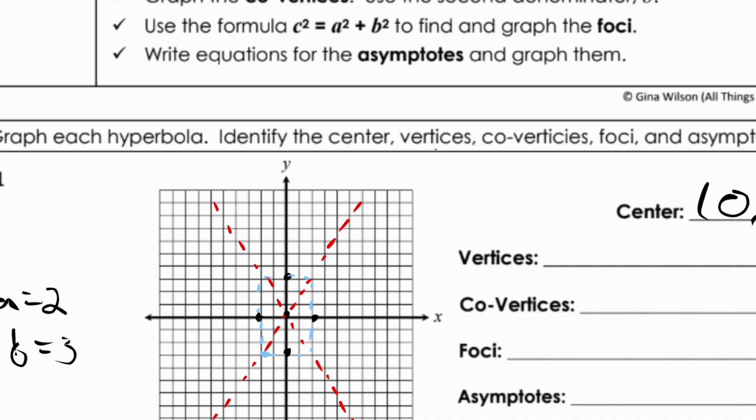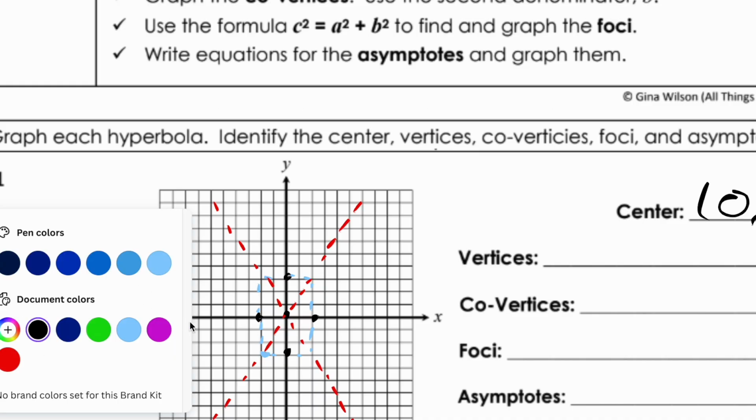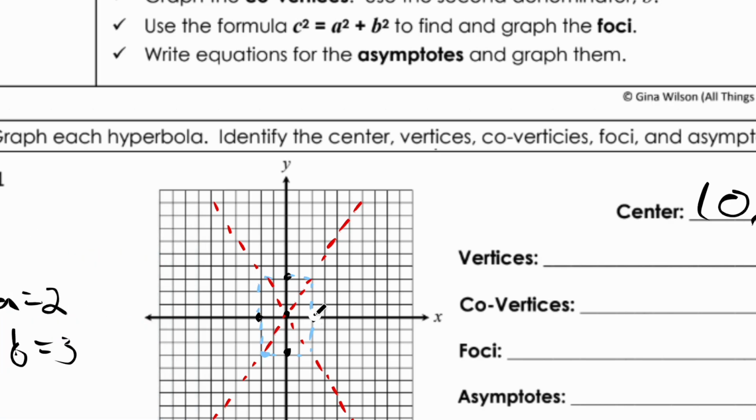And now what we're going to do is, these are our vertices. So now we're just going to draw this in so that it approaches our asymptotes, but it doesn't actually touch them. So something that looks like that.